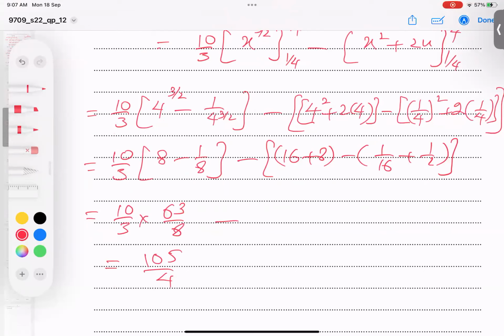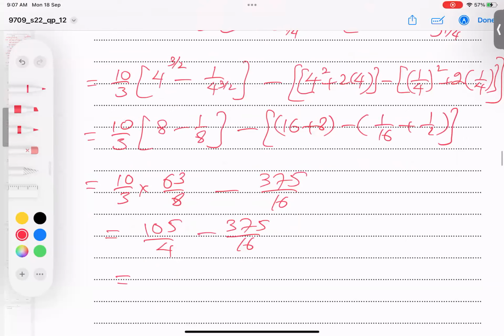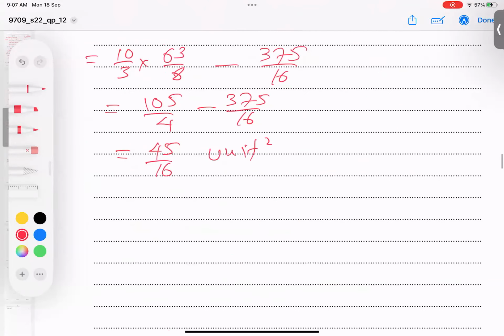What about the other one? 16 plus 8 minus 1 divided by 16 plus 1 over 2. It's giving us 375 over 16. And when I do the subtraction, it gives us 45 over 16 unit square, because it is always area. I hope so.